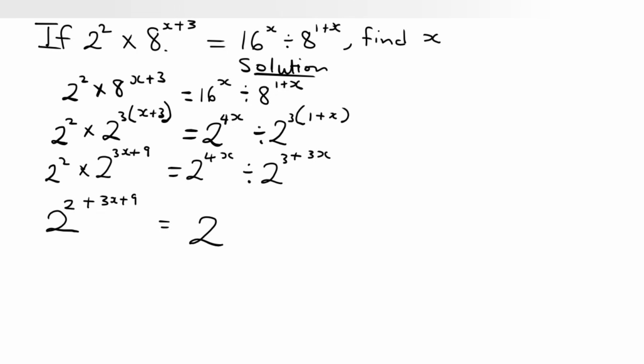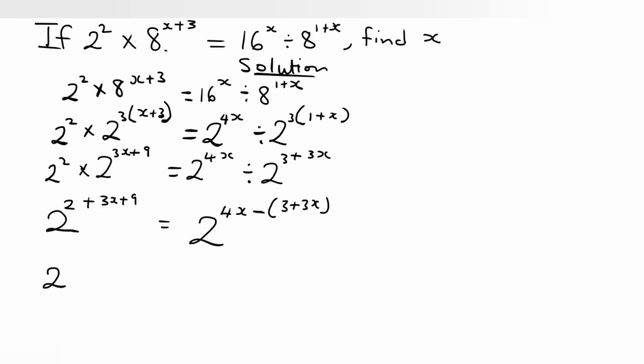Now the relationship between them here is division. So in this case, we are going to subtract the powers from each other. So we'll have 4x minus, then open bracket, 3 plus 3x. Understood?